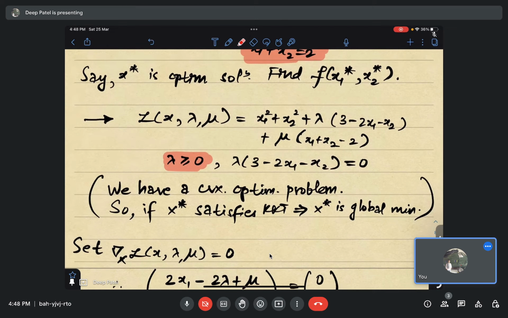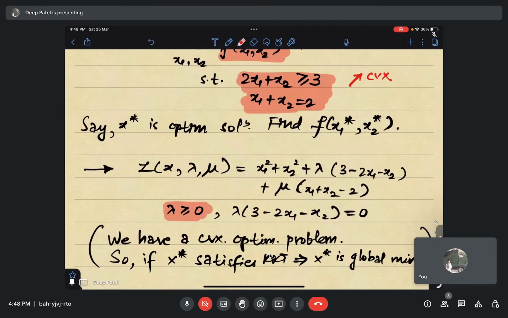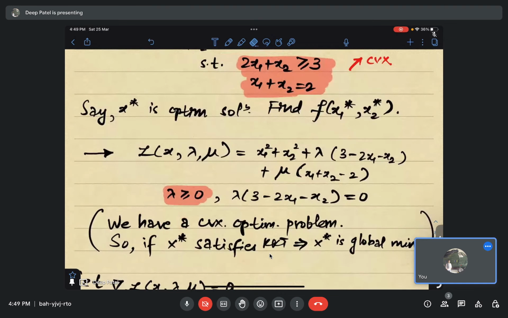In complementary slackness, we have the product of two terms equal to 0, so one of them has to be 0, or both of them can be 0. So I started with the case lambda equal to 0 and tried to solve for x1 and x2. The solution came out, so I didn't check the other conditions. That's what I was trying to say.